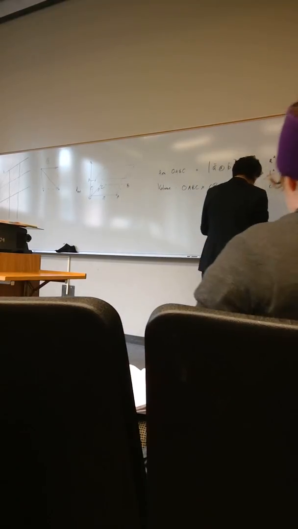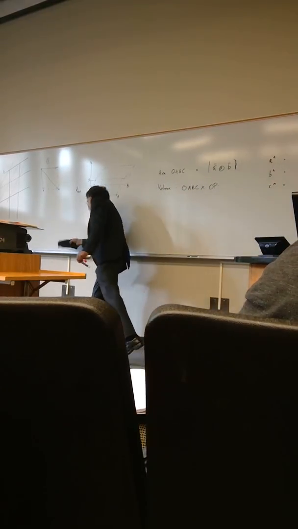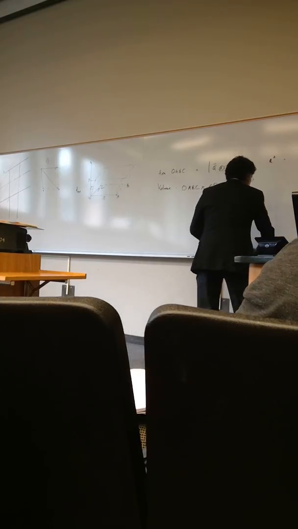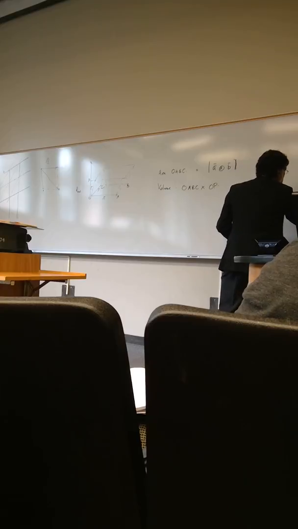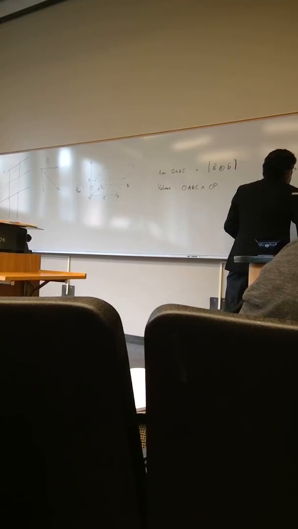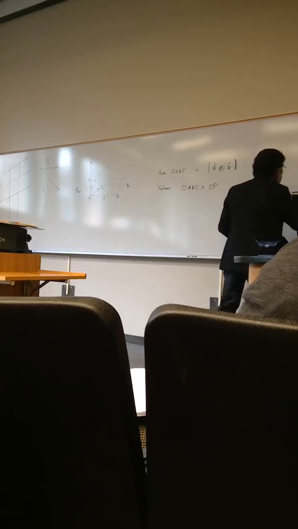Similarly, here's the b star, cyclic: c cross a divided by the volume. If you do it this way, you will never go wrong.